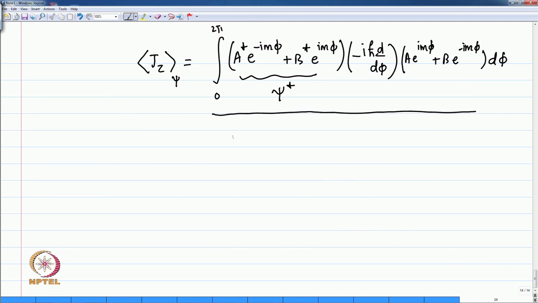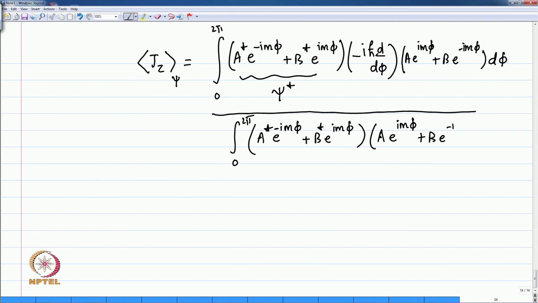Therefore, we have to write psi star psi in the denominator, namely the integral from 0 to 2 pi of A star e^{-i m phi} plus B star e^{i m phi}, multiplied by A e^{i m phi} plus B e^{-i m phi}, d phi.